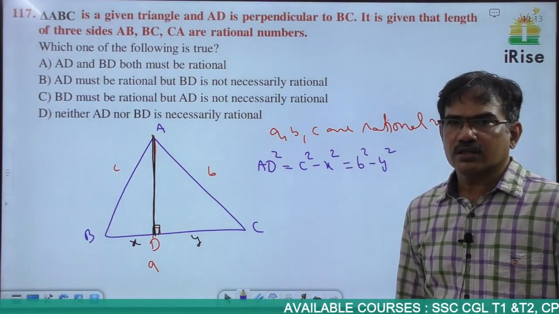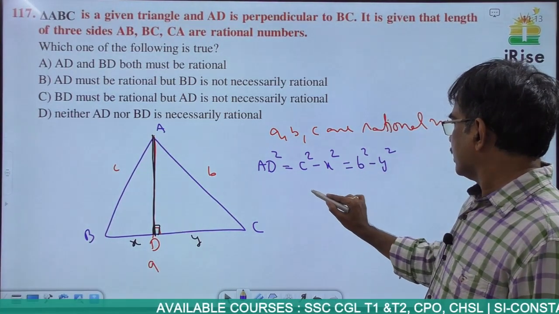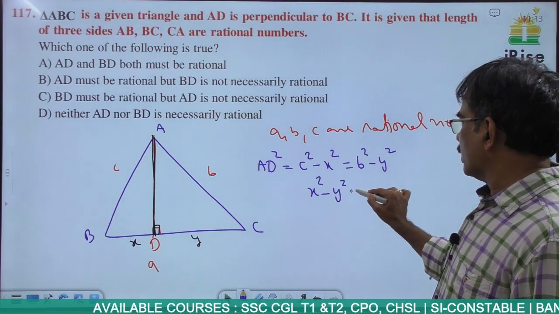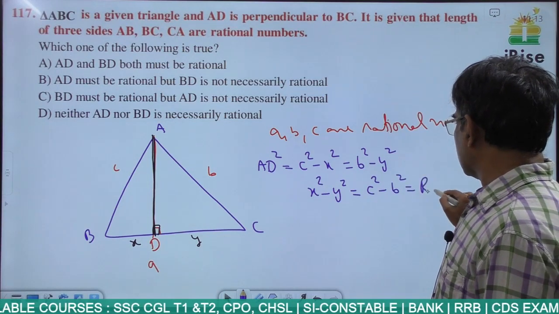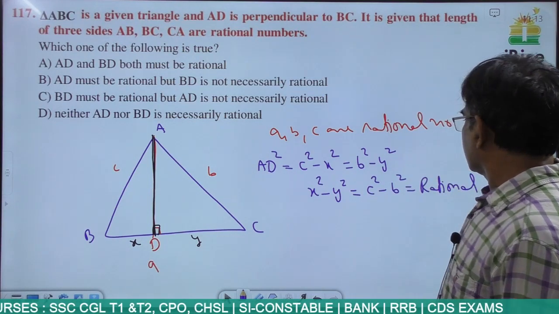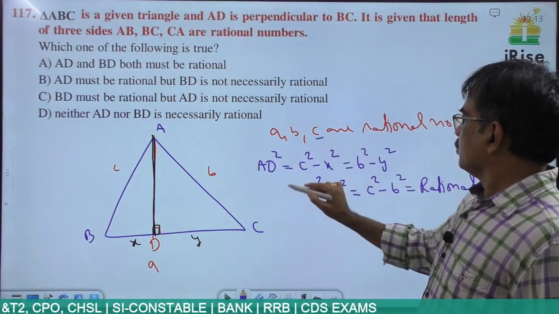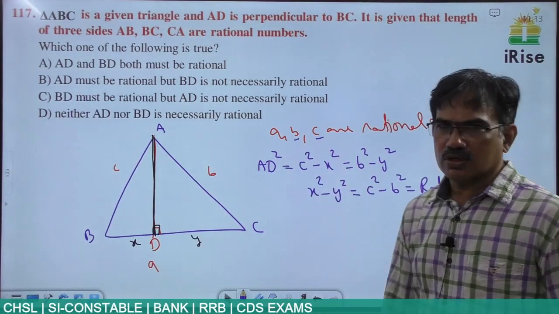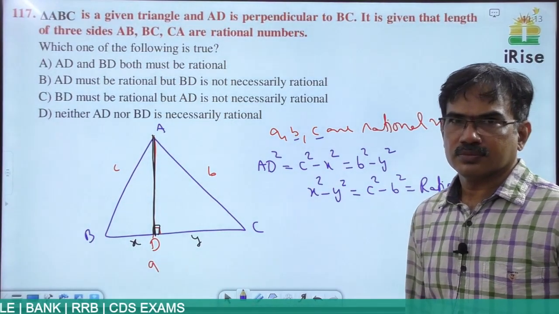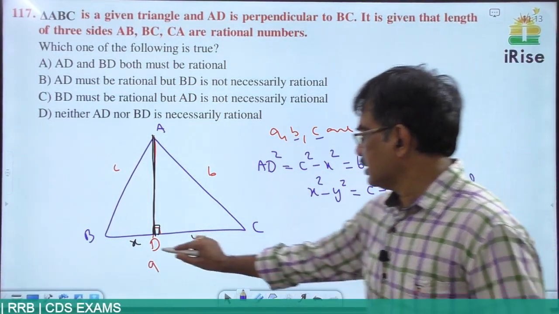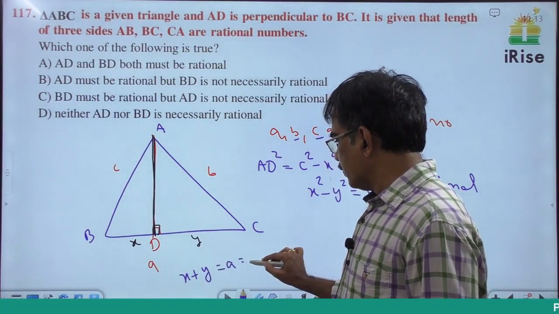Therefore, X square minus Y square is equal to c square minus b square, which is rational, because c is rational and b is also rational, so c square minus b square must be rational. So X square minus Y square is rational. Here, this is totally BC, X plus Y is equal to a, which is rational.